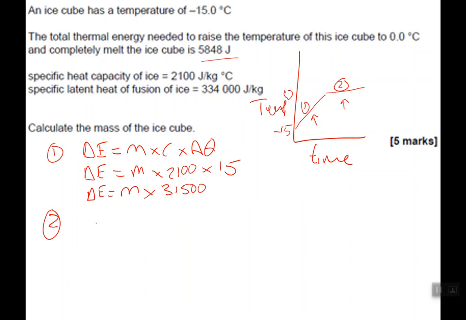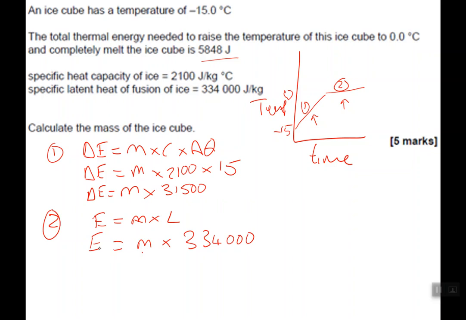So changing the state is given by this equation, E equals M times L. We don't know what the mass is, so let's just call that M. L is the specific latent heat of fusion, 334,000. And that is that.